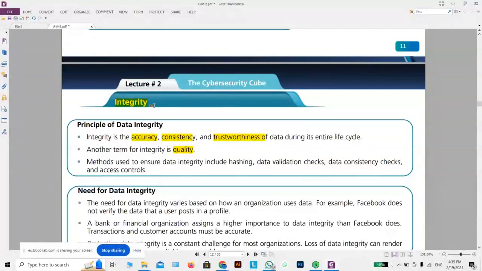A system with integrity keeps data safe from unnecessary changes, which might occur because of malicious or accidental causes. Integrity is all about making sure the data has not been changed from its original form.